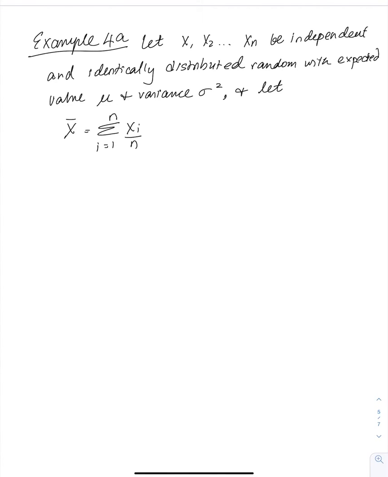Then you have these quantities xi minus x bar for i going from 1 through n.